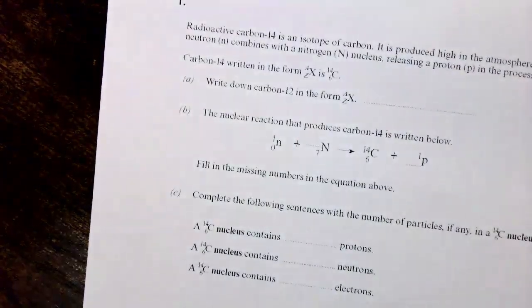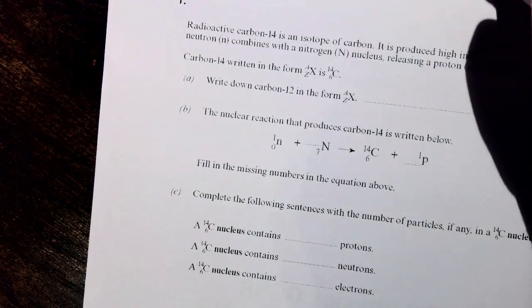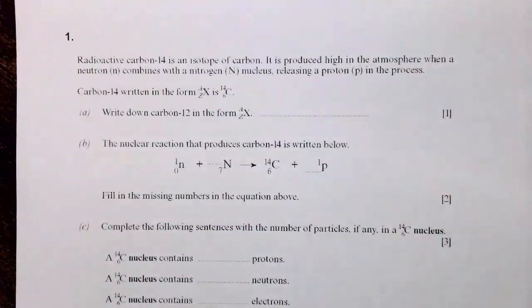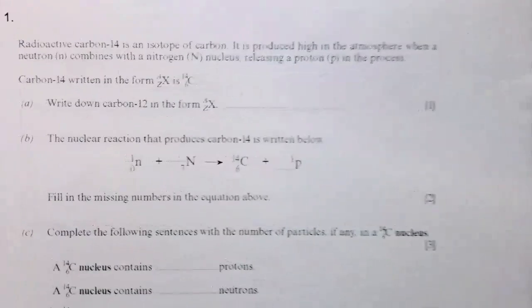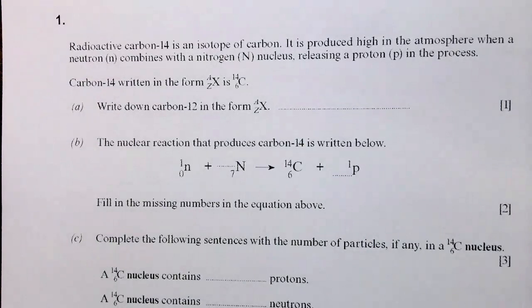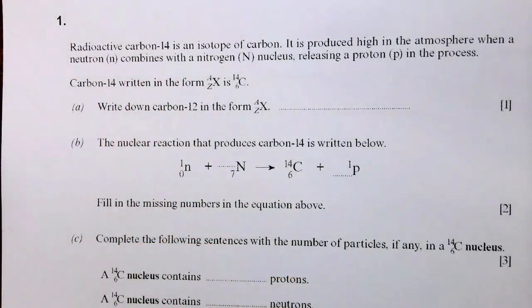First of all, we're going to start off by looking at a question which calls upon some basic knowledge and understanding of atomic structure. In this question, it says the radioactive carbon-14 is an isotope of carbon.